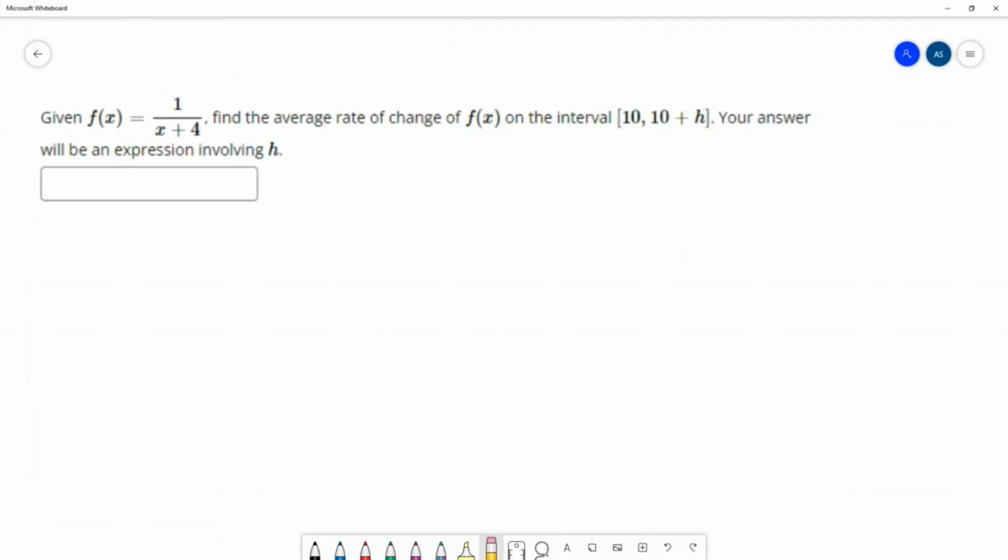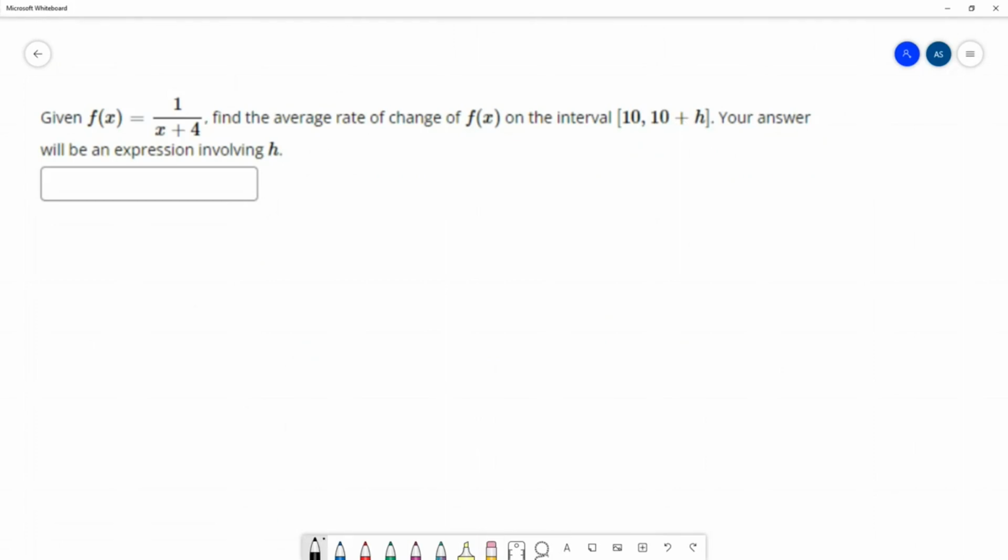Here we have another question involving average rate of change. We're given the function f of x equals 1 over x plus 4. We want to find the average rate of change of f of x on the interval from 10 to 10 plus h. Because our interval involves a variable h, our answer will involve that variable h.